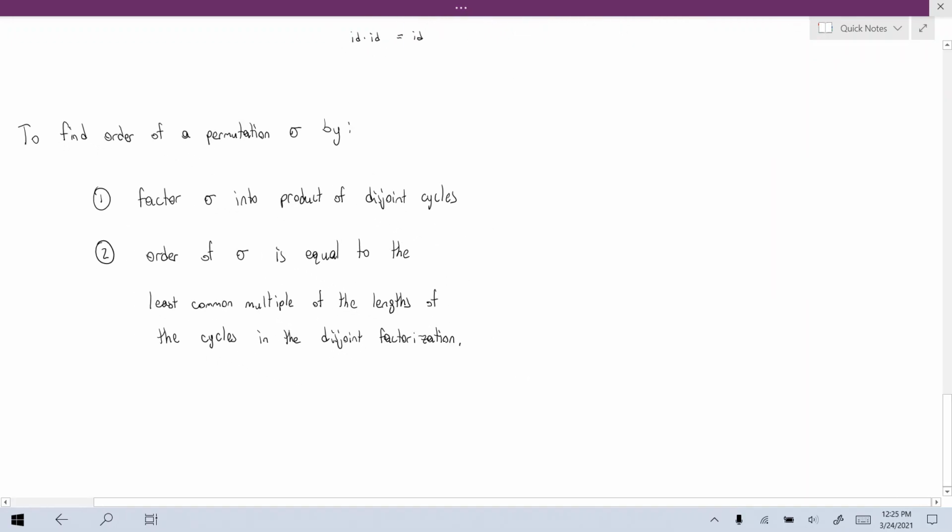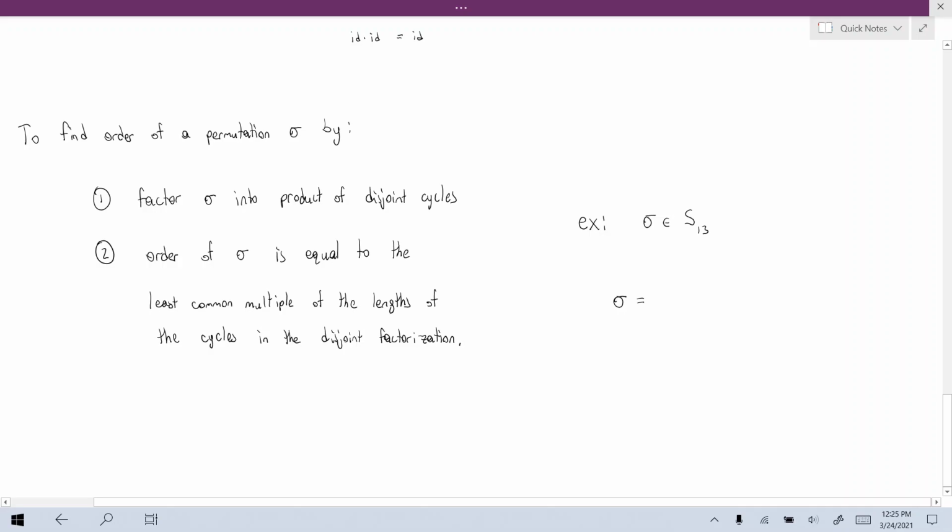So then just as another quick example of this, I'm just going to make something up. So let's say sigma was a permutation in S13. And let's say that you found the disjoint factorization of sigma already.